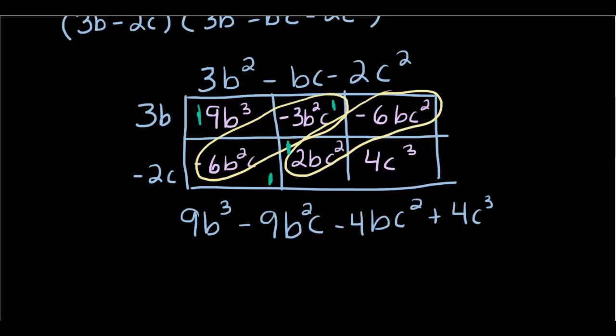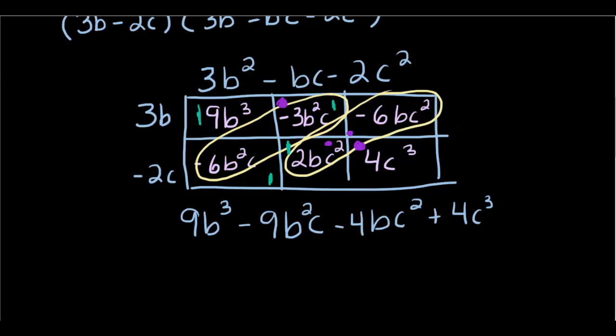And then you can multiply this one times this one, and should give you the same thing as this one times this one. So negative 3bc squared times 4c cubed is negative 12b squared c to the fourth, and this times this is going to be negative 12b squared c to the fourth. So if you notice, it's the same thing, therefore it works.